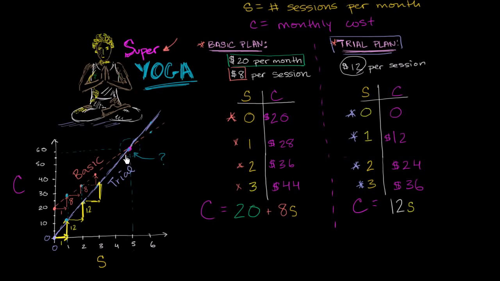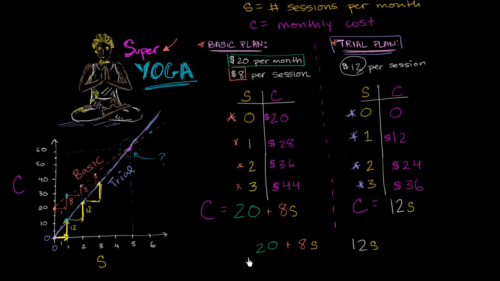Well, one way to think about it is we're trying to figure out the S, or the number of sessions, so that regardless of which plan we choose, we have the exact same cost. So if we pick the basic plan, our cost is going to be $20 plus 8 times S. And if we pick the trial plan, our total cost will be 12 times S. And we're trying to find that unknown S where this value is going to be the same as this value.